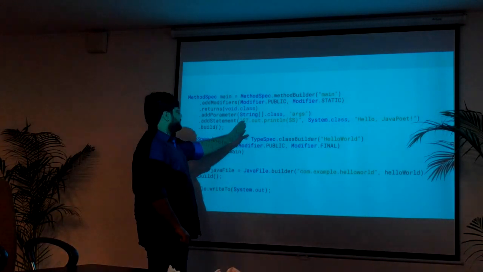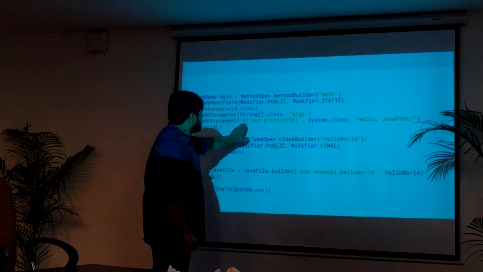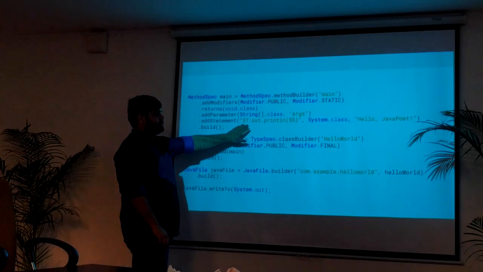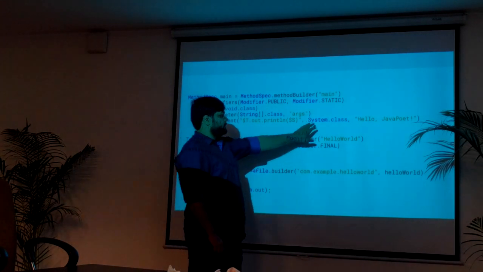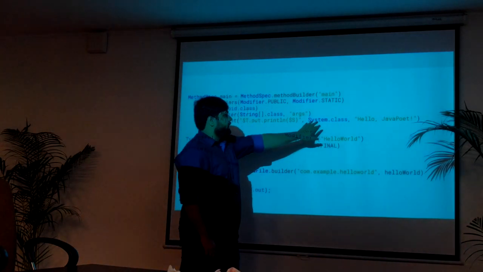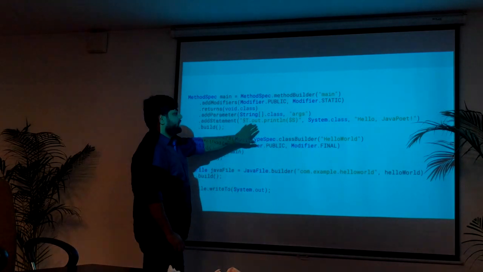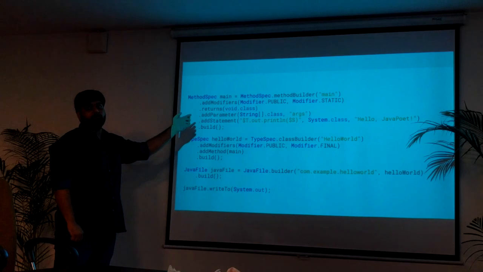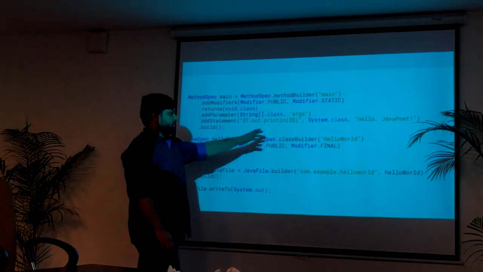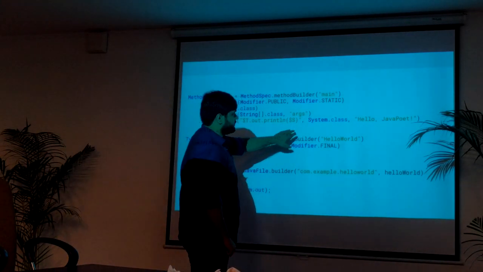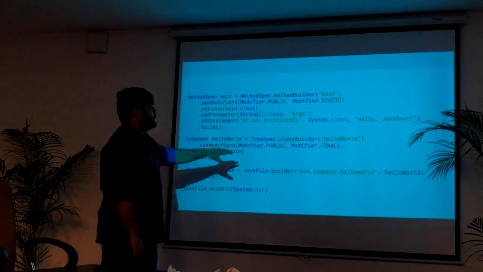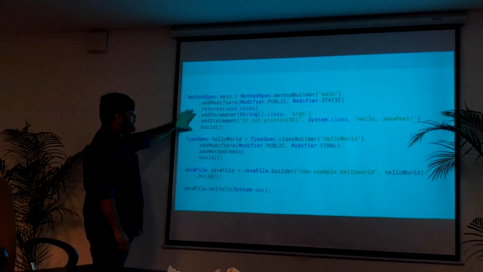For example, it's having a $T.out.println. What $T stands for is a type. So if we have written System.class, it will just replace it with System, and since we have given the class, it will also import it for us. So it's easy there. $S is for string, so we'll just mention the string. It will replace it with Hello, JavaPoet. So our method is made.